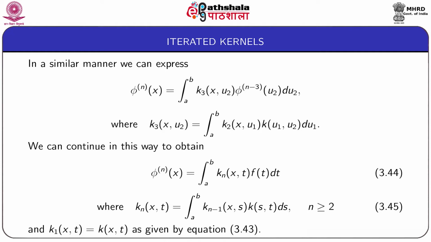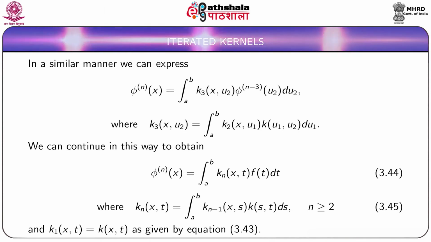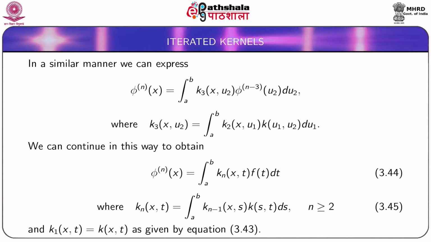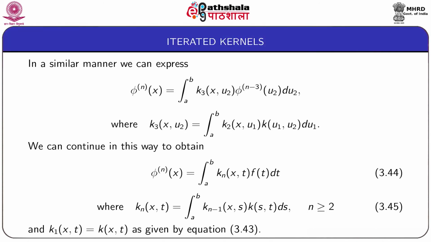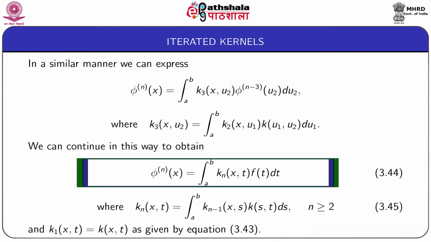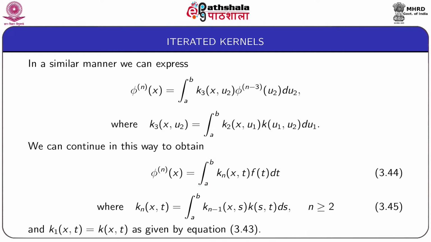If I continue this, again we express phi n minus 3 superscript x in terms of phi n minus 4 and obtain the kernel in the form of k4 xt, and continue in this way, where a stage will come where phi superscript n x can be expressed as integral a to b kn xt into phi superscript naught t dt.